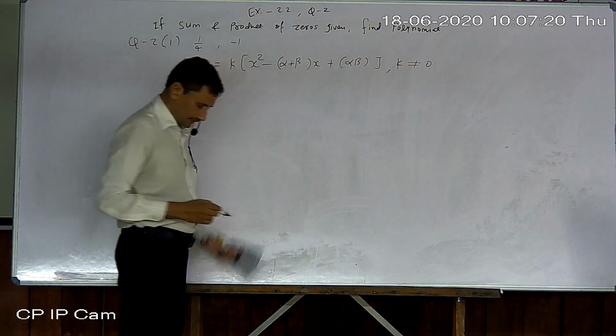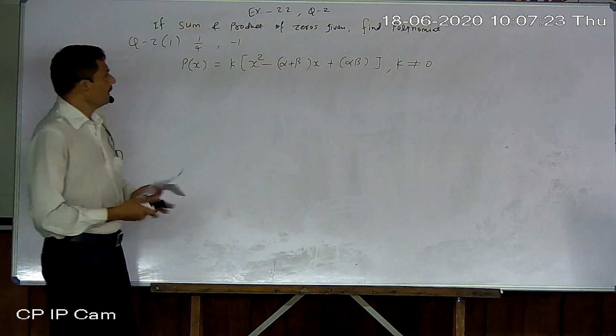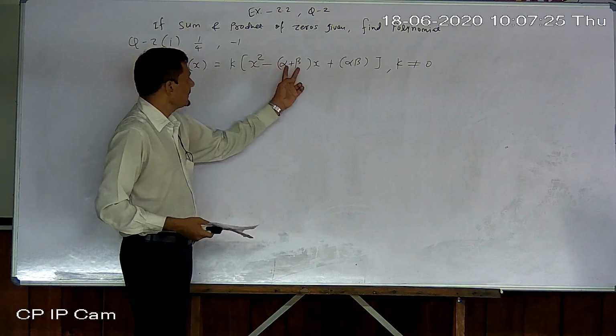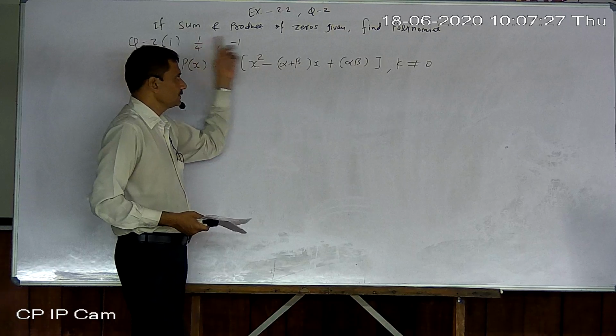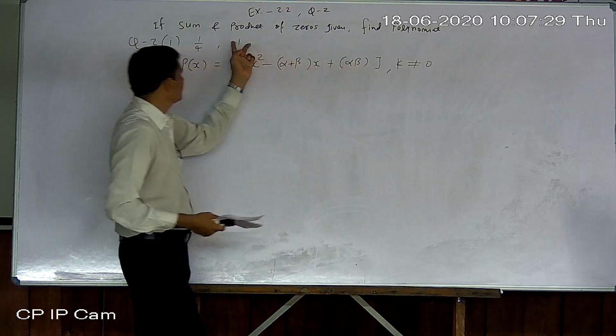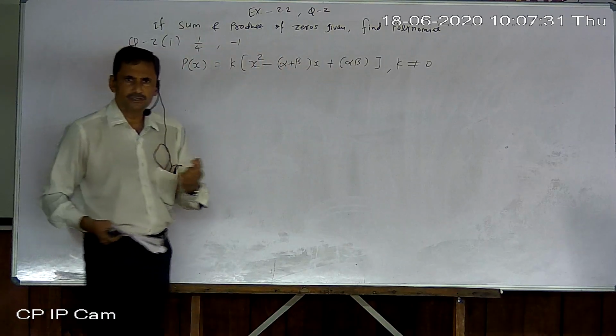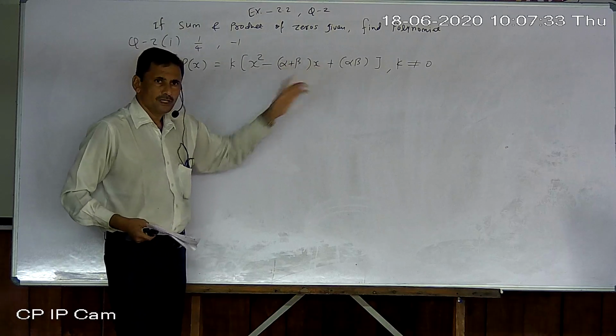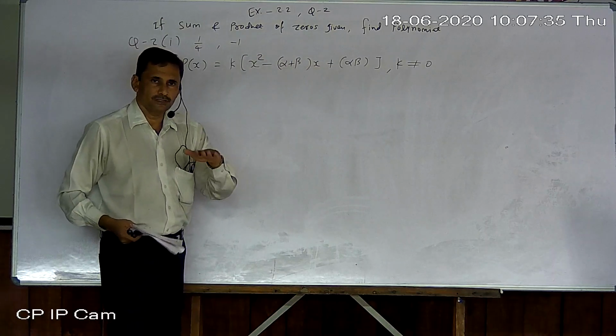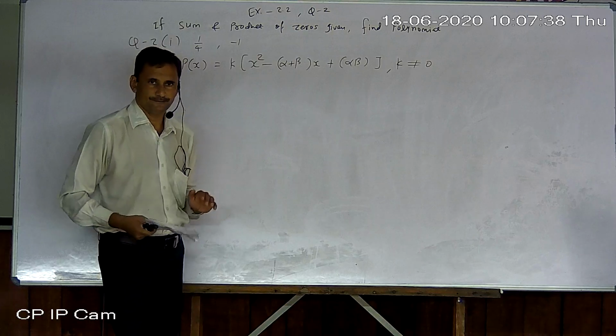What is the meaning of this? Alpha plus beta means the sum of zeros, alpha beta means the product of zeros. You just place your values. If there is a fraction, then just take the LCM.